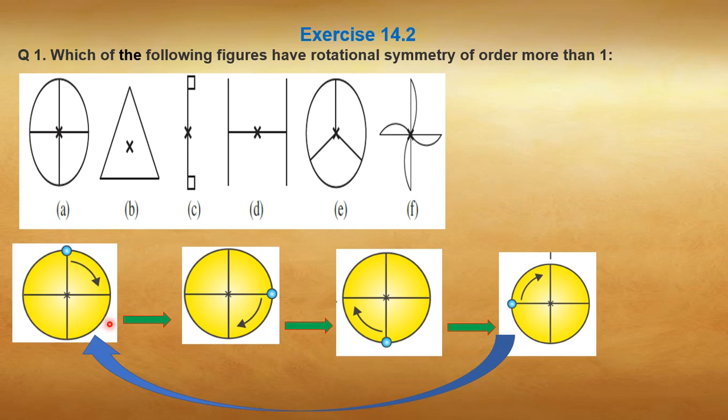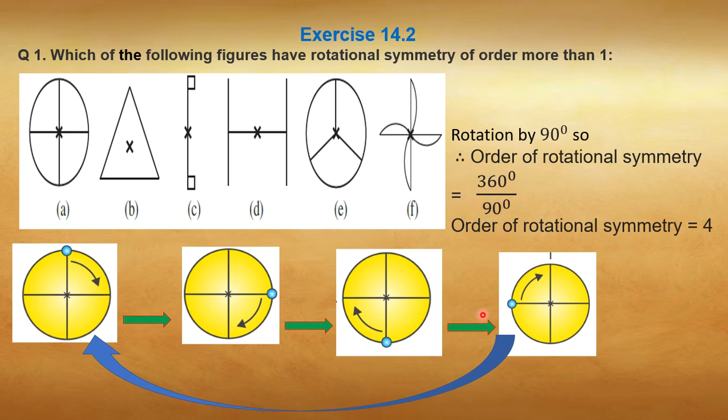How many turns are taken here by this circle? 1, 2, 3, and lastly the 4th turn, and it is one complete rotation. So how many times after rotating is it appearing the same? 4 times.